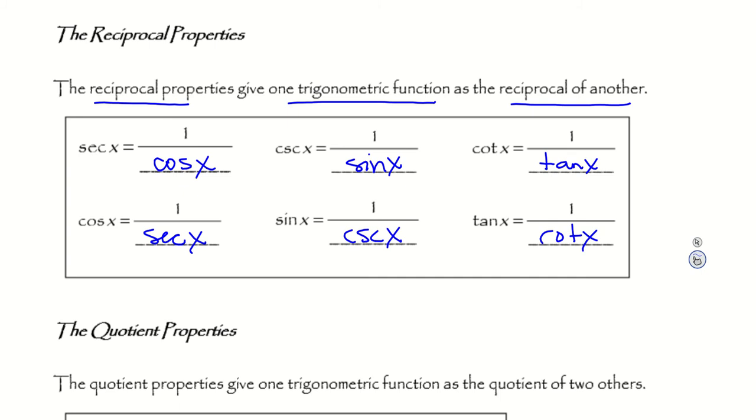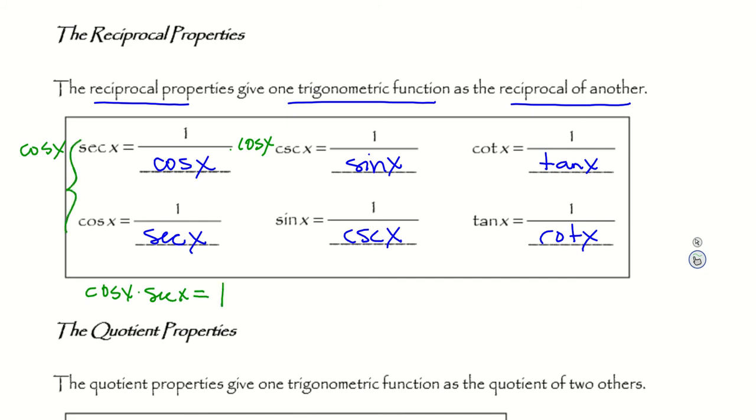Now we can take these properties and write them in a slightly different way. If we take the secant of x equals 1 over the cosine, and we multiply both sides by the cosine of x, then that becomes equivalent to the cosine of x times the secant of x equals 1.